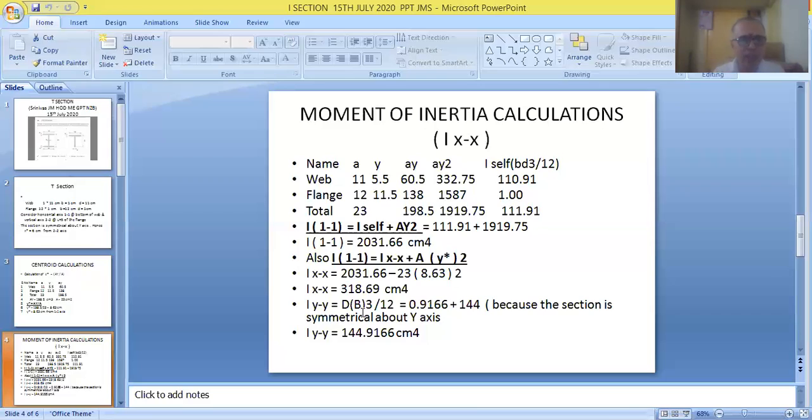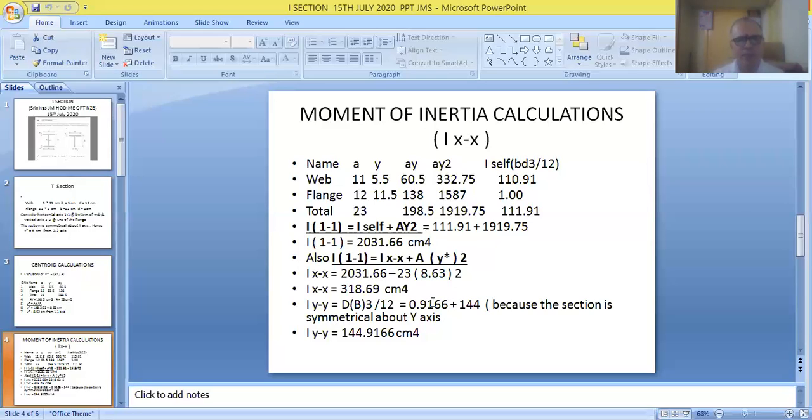It is symmetrical about the y-axis. So therefore, IYY is simply taken as sigma db cube by 12. That means d1 b1 cube by 12 plus d2 b2 cube by 12. So substitute the values of d1 and b1, substitute the values of d2 and b2, and you will automatically get the result.